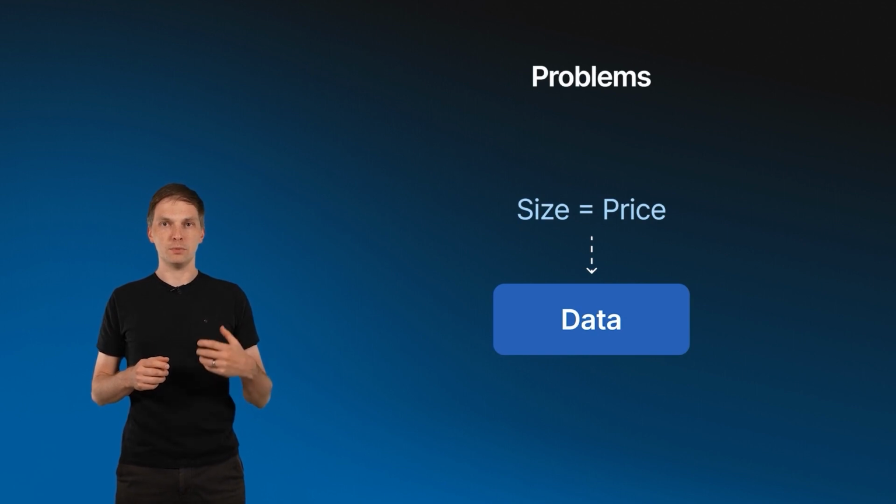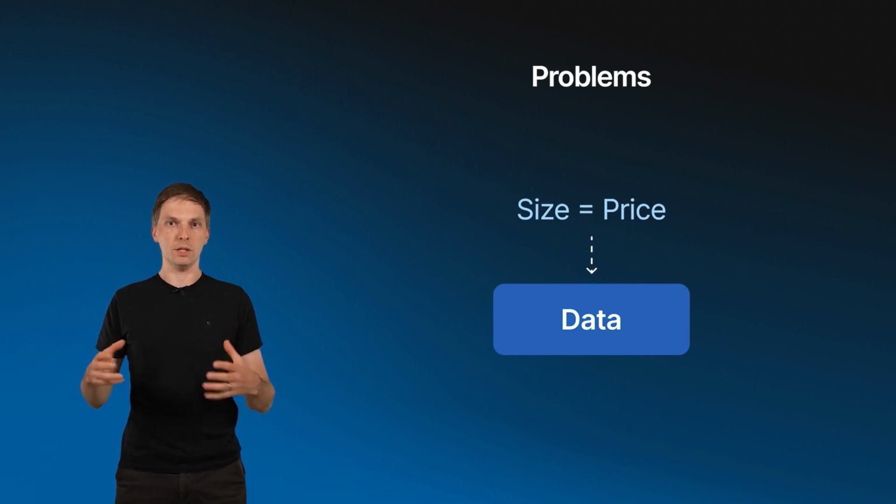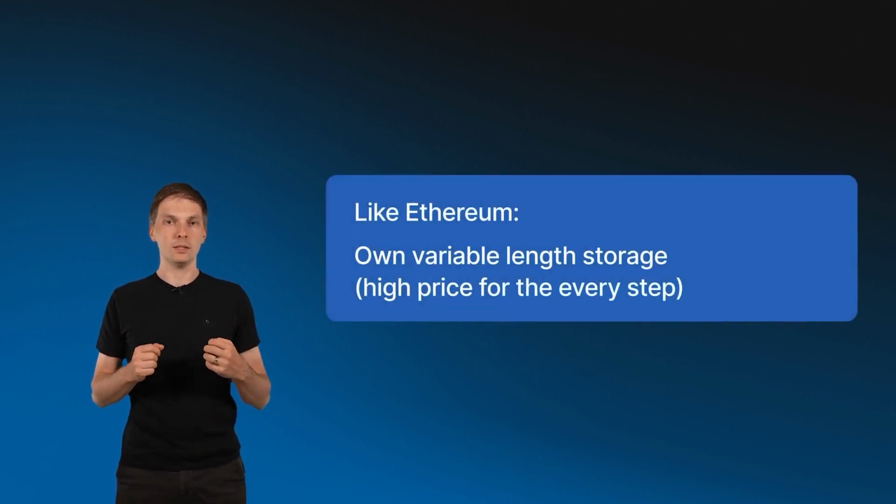Now let's take a look at the problems that you may run into when designing your application. One of the obvious problems for people who are coming from traditional systems, the large-scale web databases, or from Ethereum, is that they design the contracts as monolithic applications with their own variable length storage.